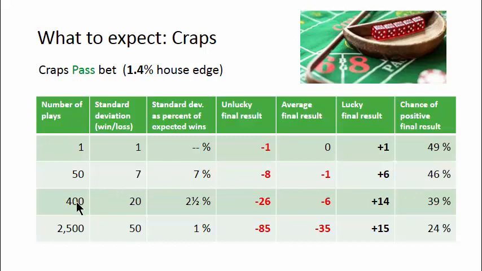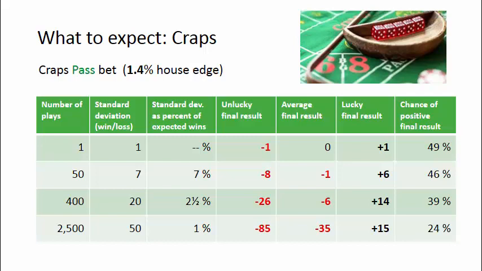For a 1-day session, the average loss is 6 bets, and the chance of winning is still a decent 39%. For a 1 week session, you can expect to lose 35 bets on average, and your chance of ending up ahead is 24%. Not great, but certainly better than roulette.